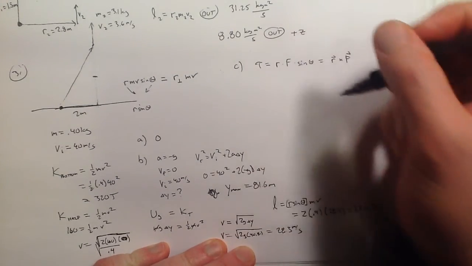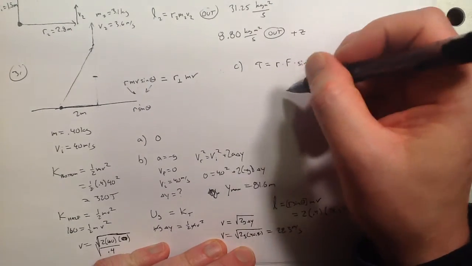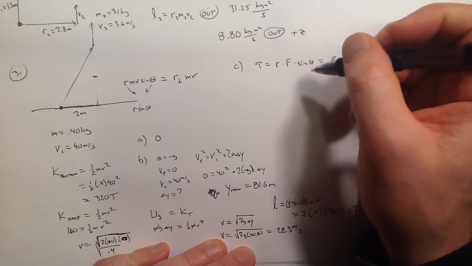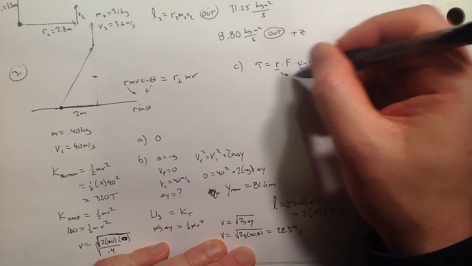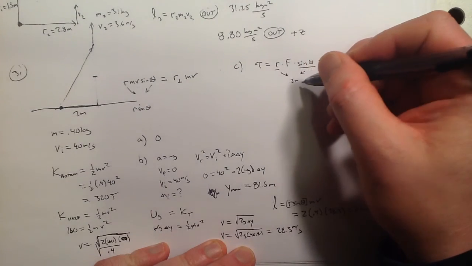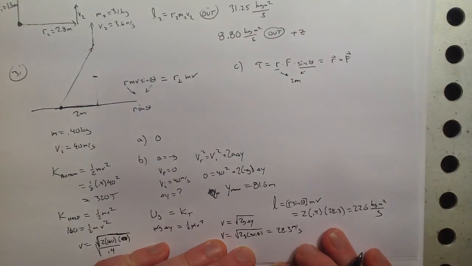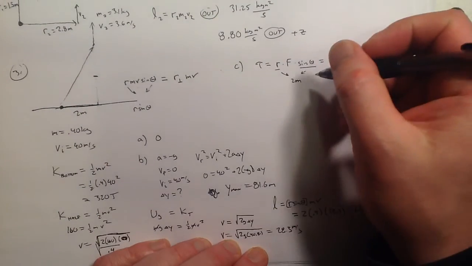So here, with R F sine theta, R sine theta is just equal to 2 meters, always. It's the perpendicular part of that distance, so that's still true there.